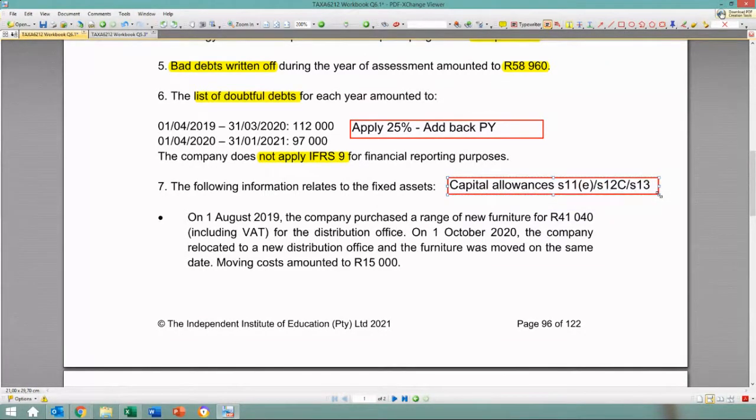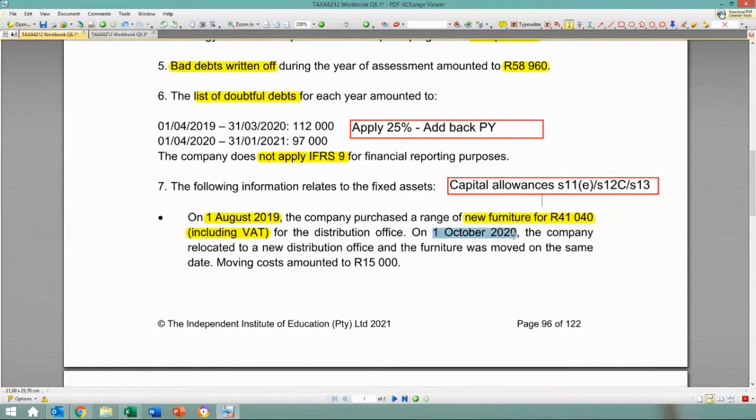Those are the sections that you would need to think about because we don't have a small business corporation. So the first thing they tell you is on the 1st of August 2019, we purchased new furniture for 41,040, including VAT, for the distribution office.